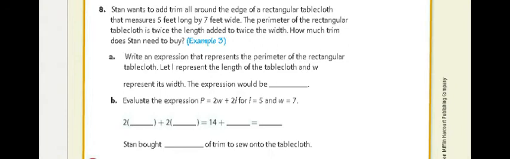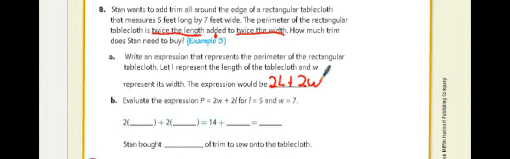Okay, so for A, write an expression that represents the perimeter of the rectangular tablecloth. Let L represent the length of the tablecloth and W represent its width. The expression would be, so we can look right up here and it's going to tell us what we need to write. The perimeter of the tablecloth is twice the length added to twice the width. So it's going to be twice the length, or 2L, plus twice the width, or 2W. 2L plus 2W.